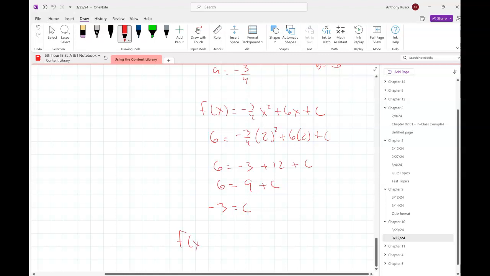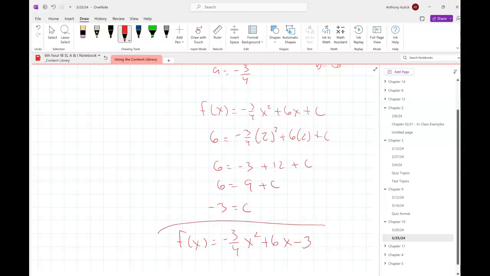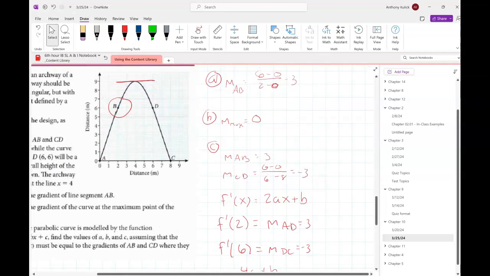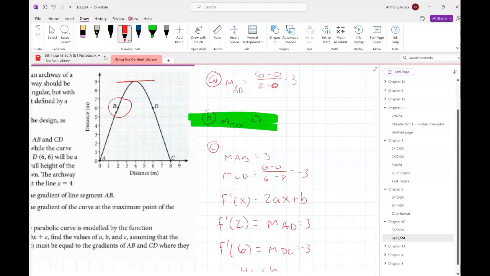So there we go. Is that okay? I want to point out to you that you could have also used this here for either one of these two.